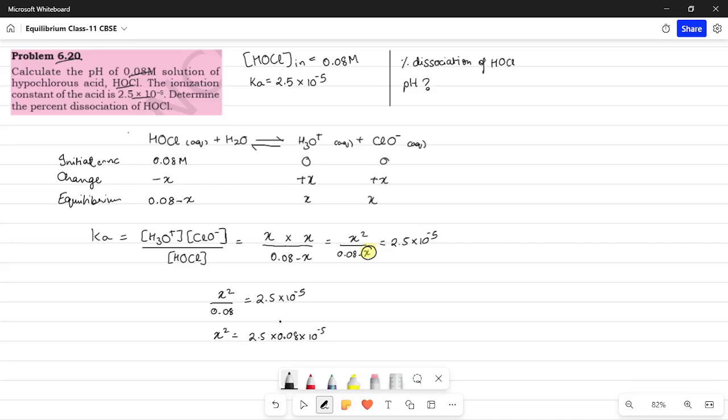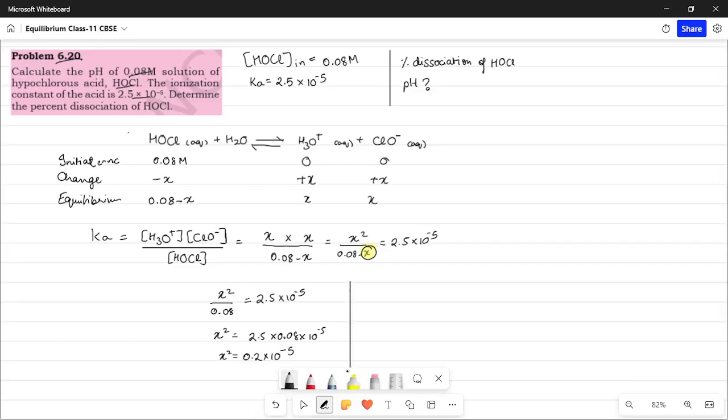So X square is equal to 0.2 into 10 to the power minus 5. You can also say X square equals 2 into 10 to the power minus 6.